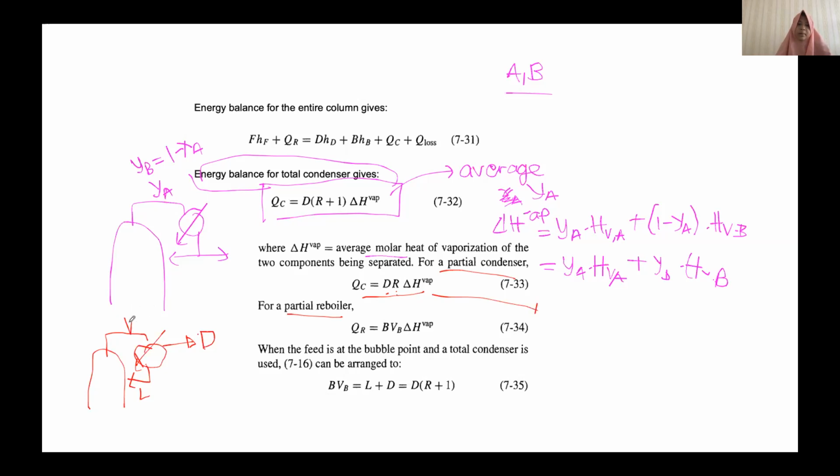So this is R plus 1, this is 1, this is R. So this would be the condenser.